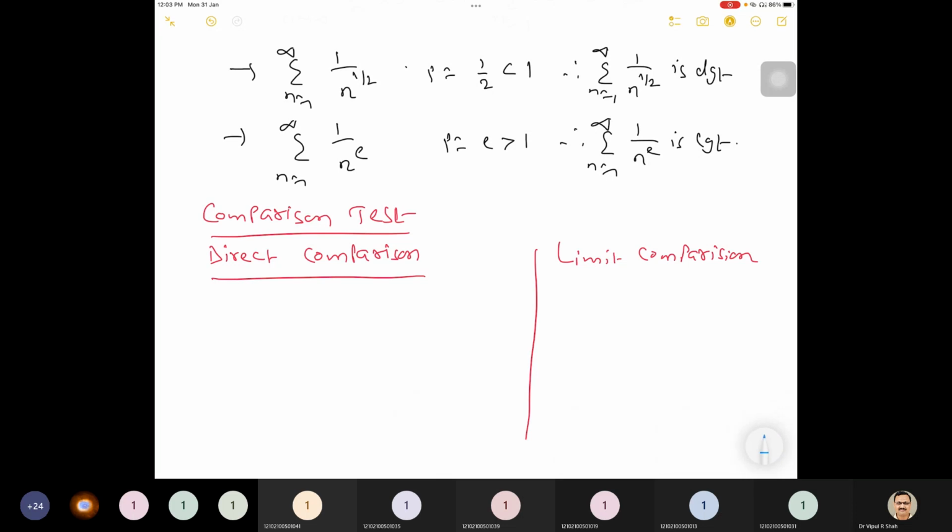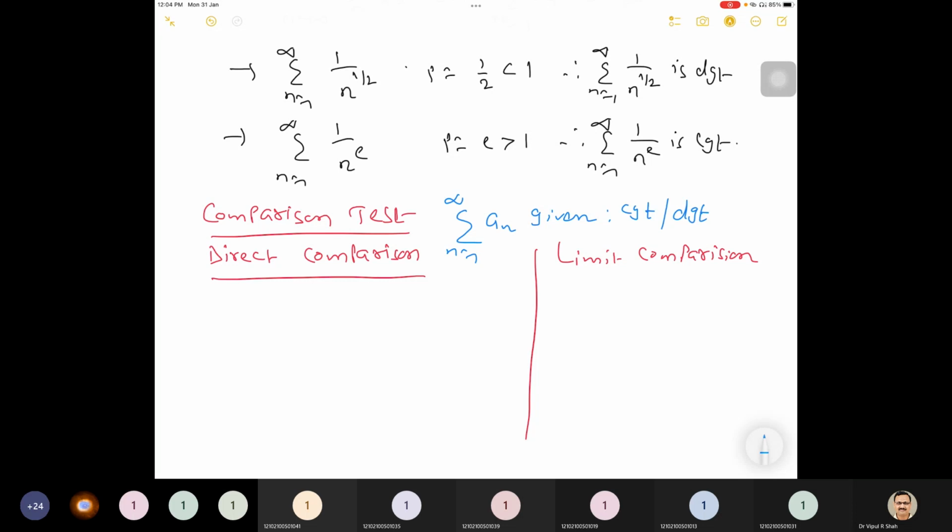Here you are given a series an, and you want to check whether it is convergent or divergent. In direct comparison, you know some standard series, such as the P series and the geometric series.